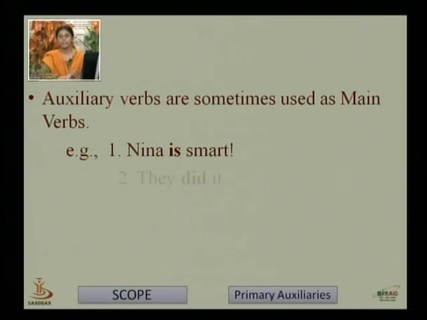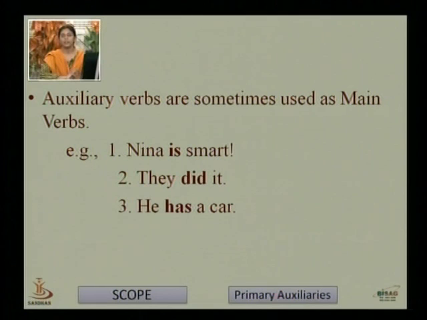Let's see one more example. They did it. Now do is an action verb, but here in the sentence it is the auxiliary verb that functions as the main verb. And one more example you have is, he has a car. So has, the auxiliary, takes the position of the main verb.